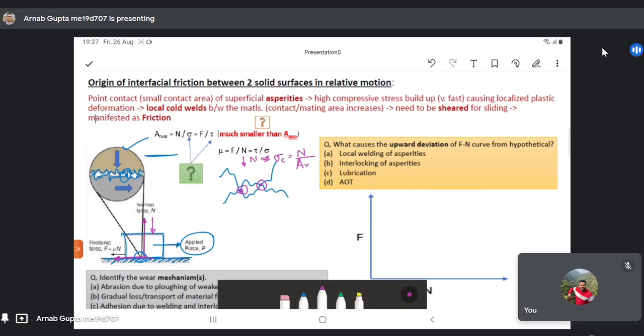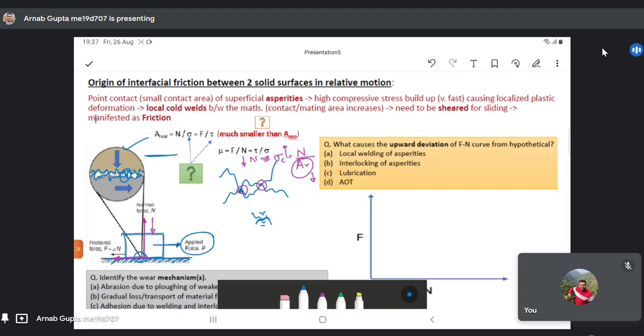Since AR is very small, sigma C will be very high. Due to this local build-up of compressive stresses, cold welding happens between these contacting points. So the material gets welded here.